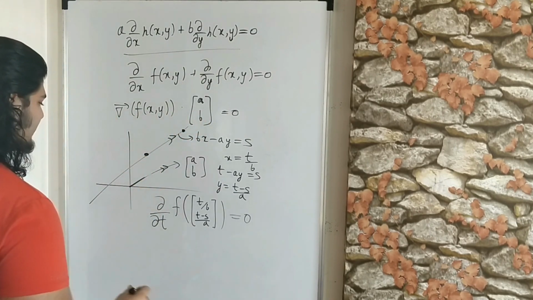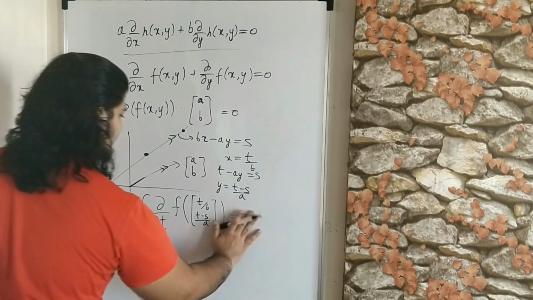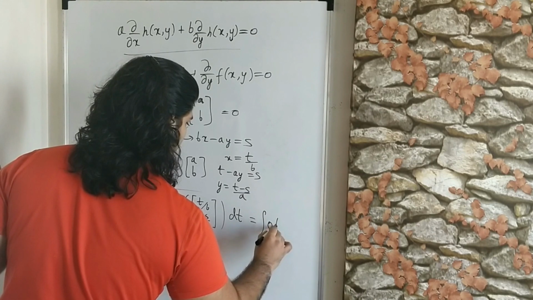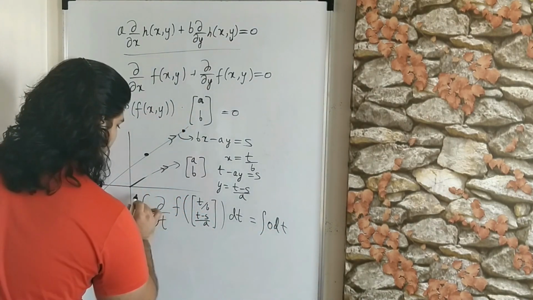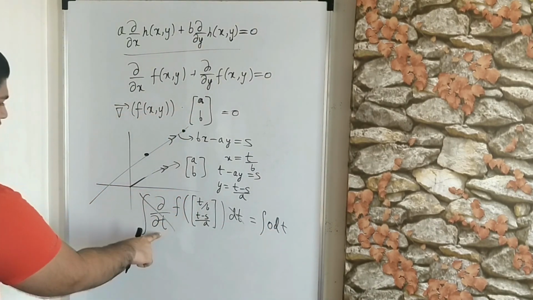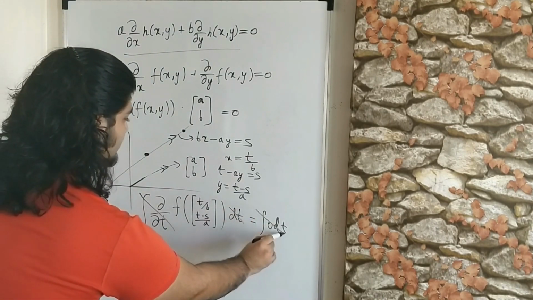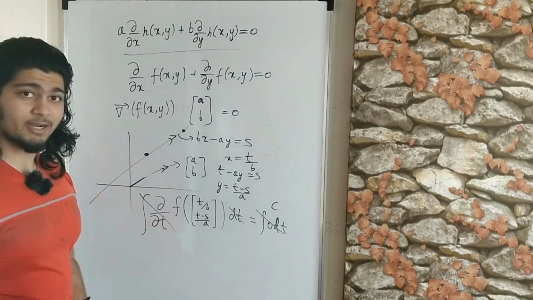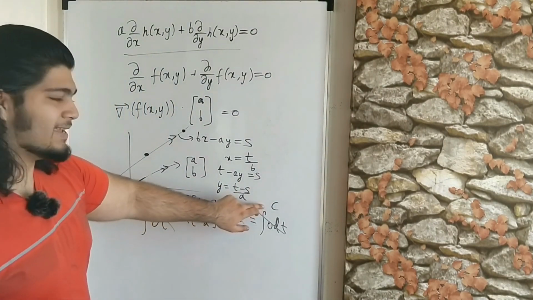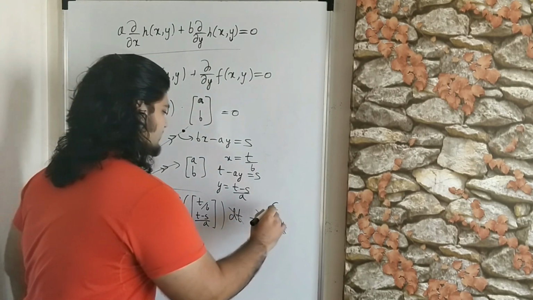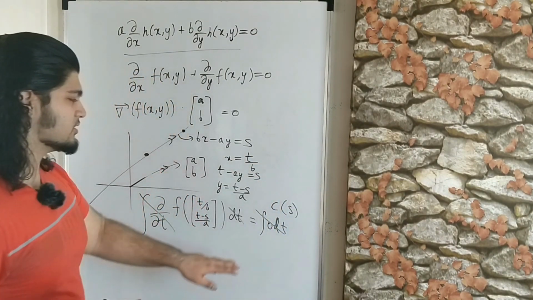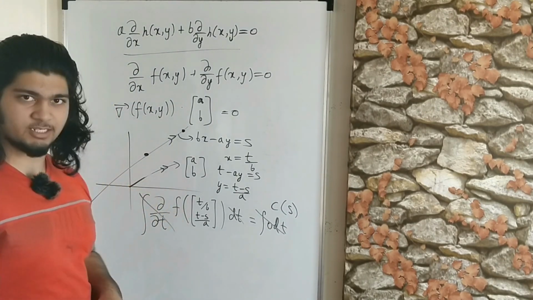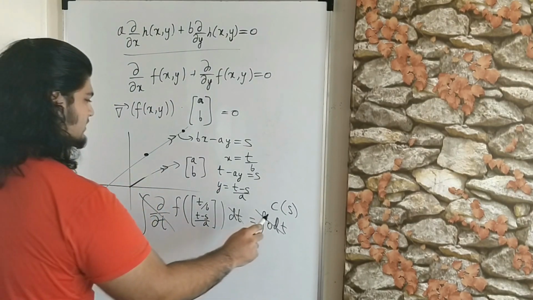But now it's really easy to solve this, because if we integrate both sides with respect to t, then this side will just cancel out the partial differential operator, and what is the integral of 0 dt? C. Except we are in the multivariable world, so this can in fact be any function of s. So this must be a function of s, because any function of s partial differentiated with respect to t gives us 0.